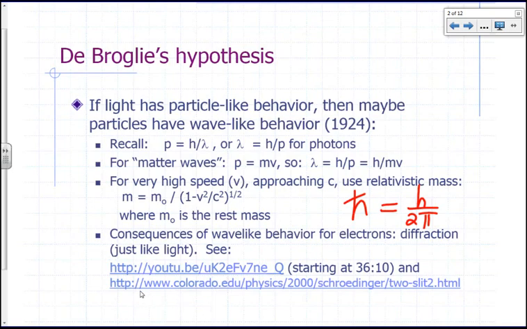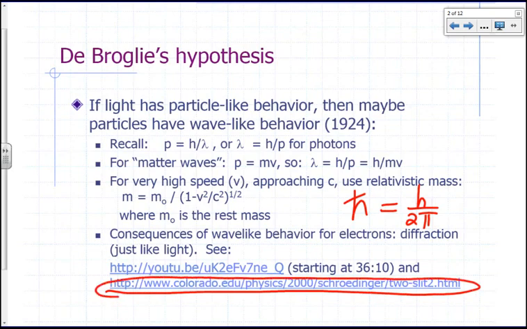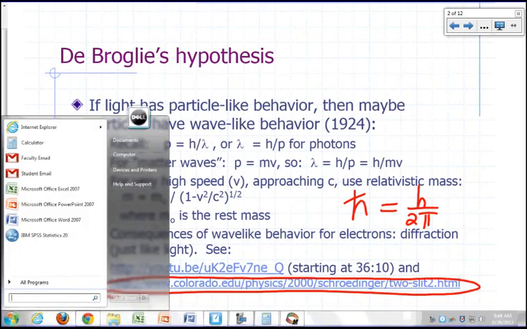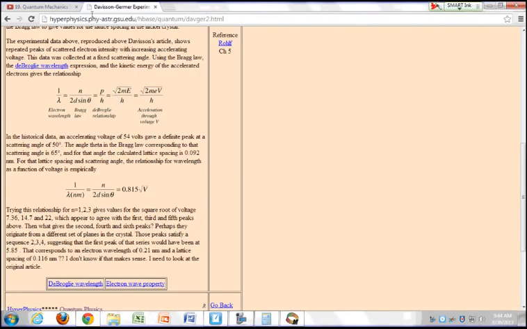Also, there's another website. This Colorado Physics 2000 website has a nice animation of diffraction of electrons. So that's something you probably want to take a look at as well. So let me pull up that website for you.